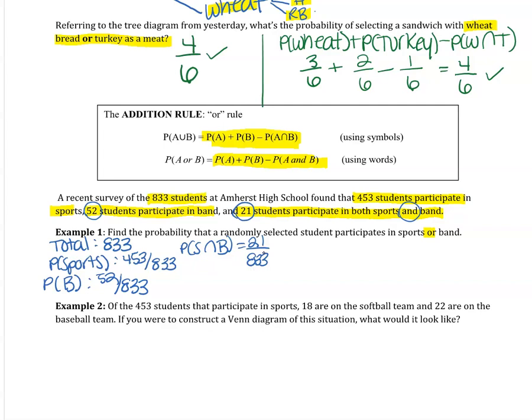Now, if they want me to solve for the OR, then I'm going to have to use my formula. So probability of sports or band is equal to probability of sports plus probability of band minus the overlap, so sports and band, and now I just plug in what I know.